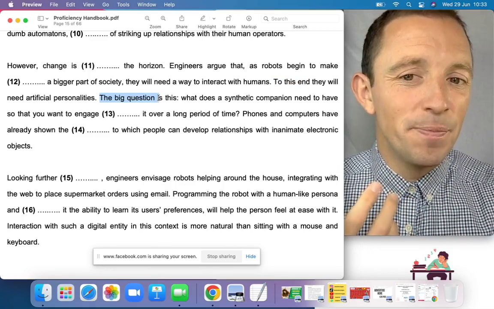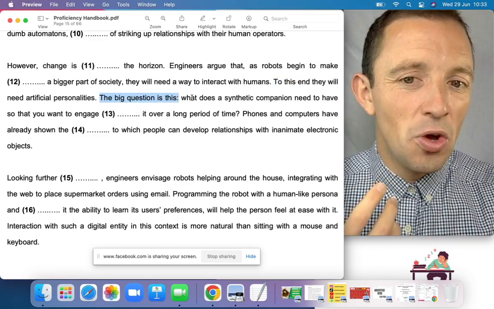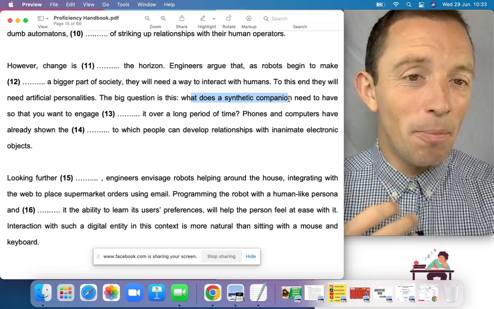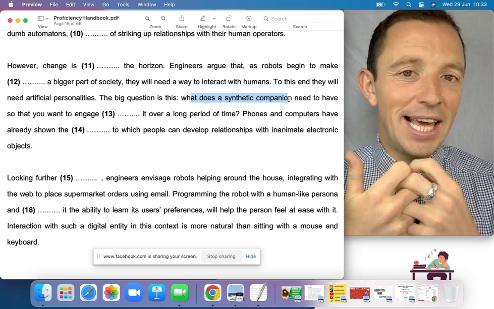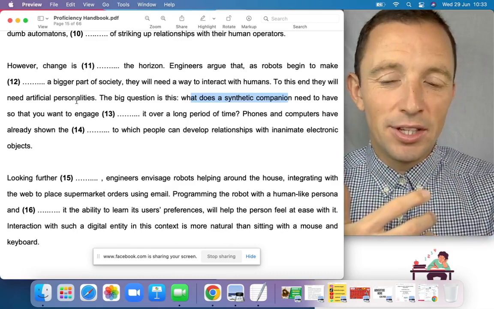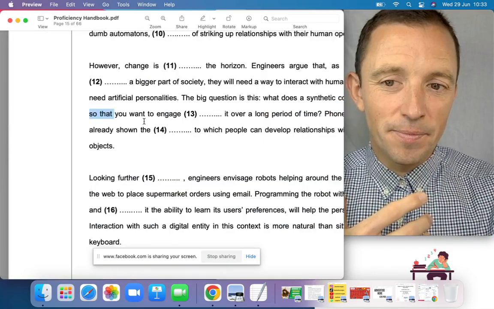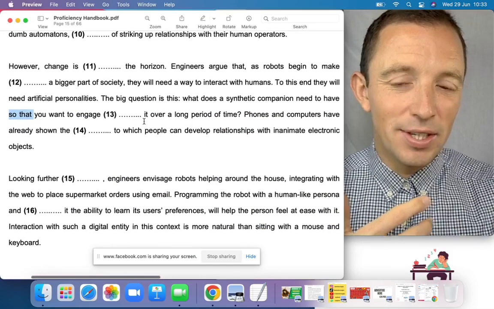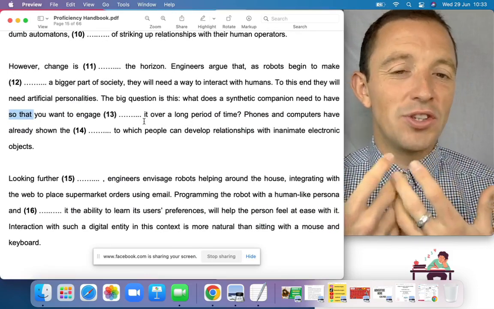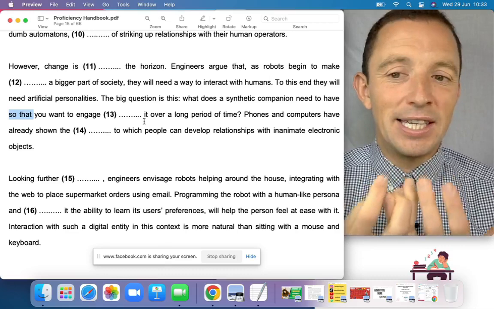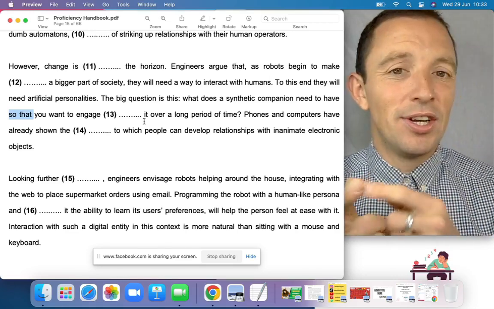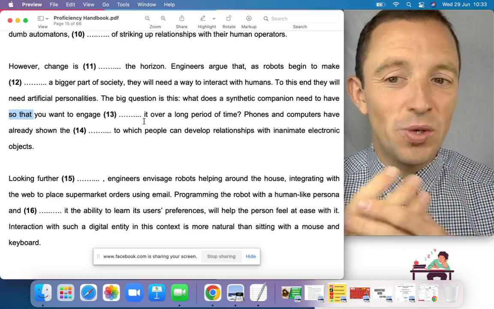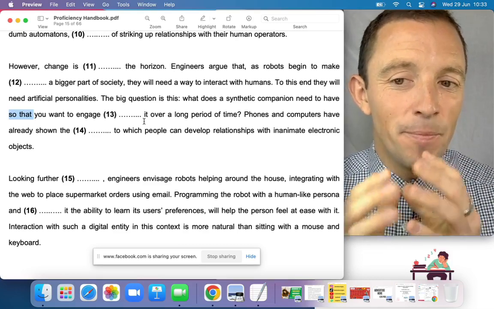The big question is this: what does a synthetic companion, a false, fake friend, need to have so that, that's very important, so it's a consequence. What does a fake synthetic companion need to have in order for you to engage, so that the consequence you want to engage?